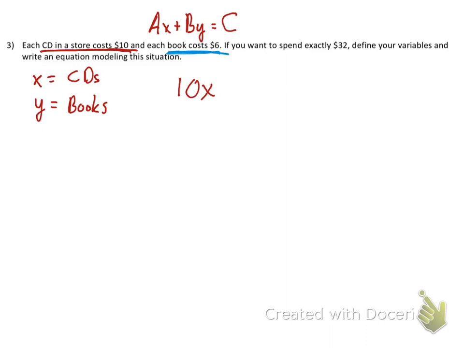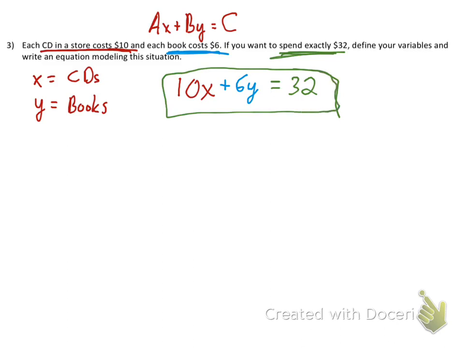If I take the number of CDs that I purchase and the number of books that I purchase and I want to figure out how much I'm going to spend in total, I'm going to add those two together. So I'm going to take 10x plus 6y, and I want to spend exactly $32. So after I add those together, I want it to equal 32. So there is this linear equation in standard form.